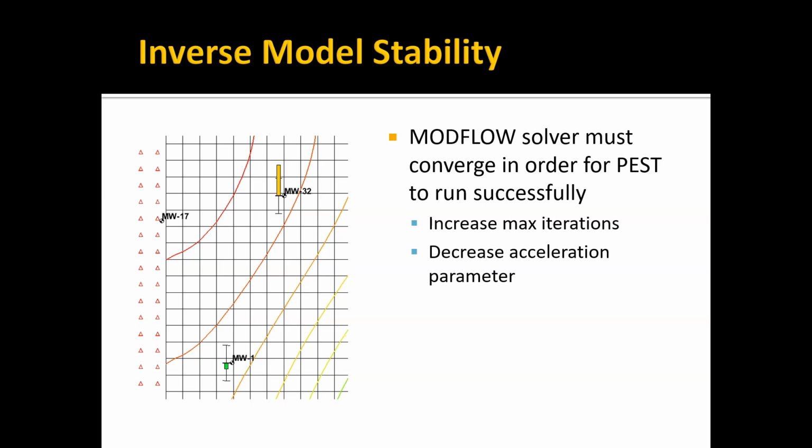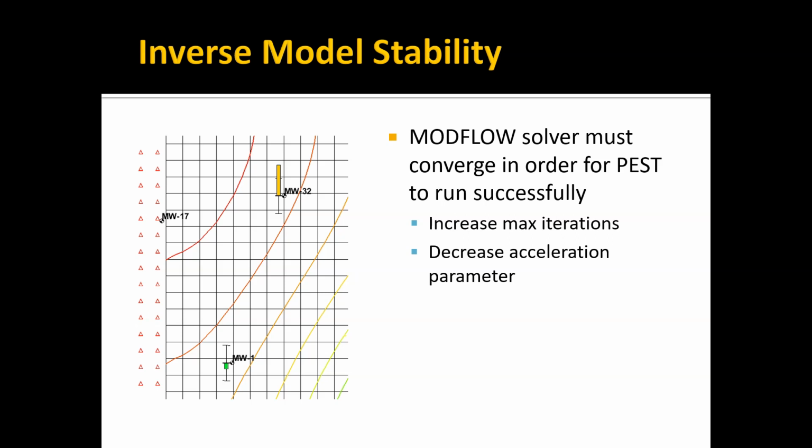Remember that PEST is changing your input values, and sometimes it could be that your starting values are bad for your parameters, or as it's changing them, maybe it selects a parameter value that results in dry cells or the model not converging.